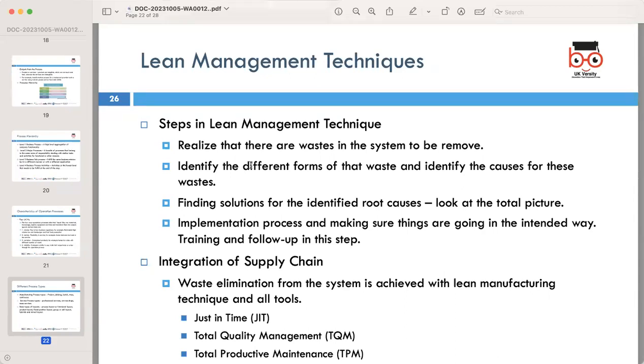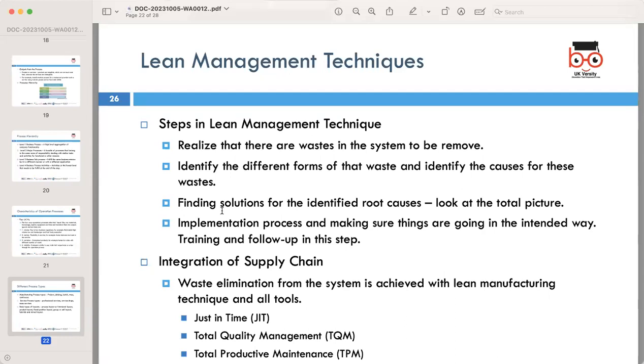Then identify causes of waste. To effectively eliminate waste, it's essential to pinpoint the root cause behind each type of waste, and find a solution for the root cause or main reason. With a clear understanding of the cause of waste, the focus shifts to finding solutions.